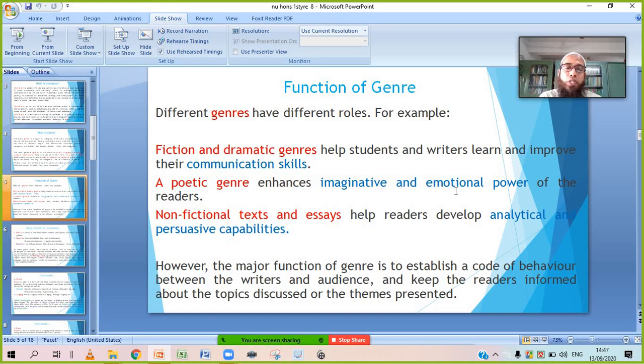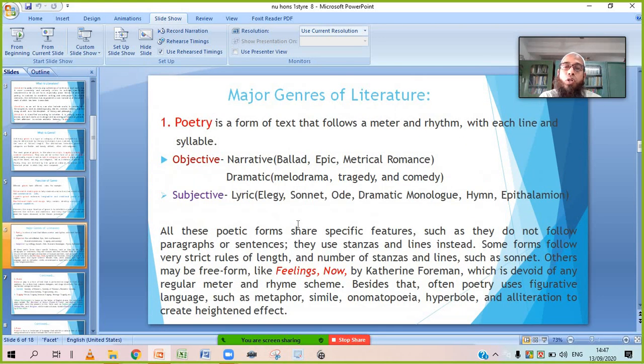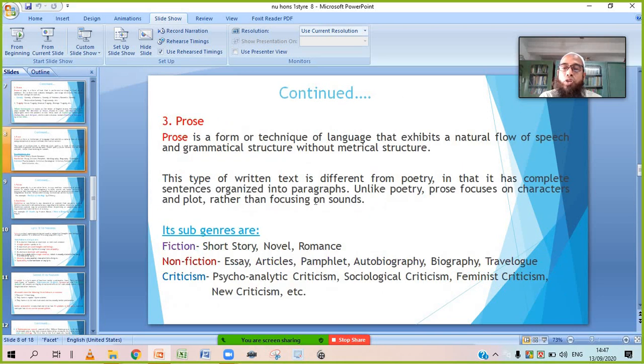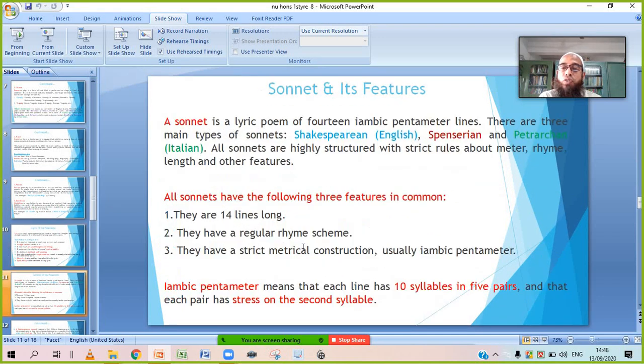Poetry develops our imaginative and emotional power. Non-fiction, text and essays develop our analytical and persuasive capabilities. We also talked about major genres of literature, like what is poetry, different types of poetry, what is drama, different types of drama. We talked about comedy, tragedy, and we have seen what is prose and the subgenres of prose: fiction, non-fiction, and criticism.